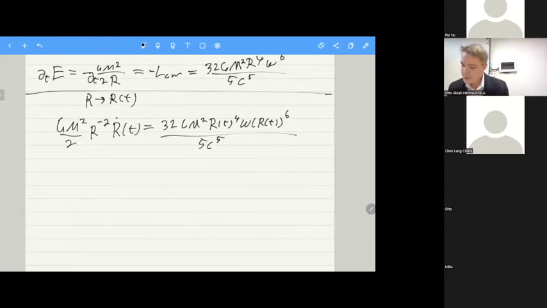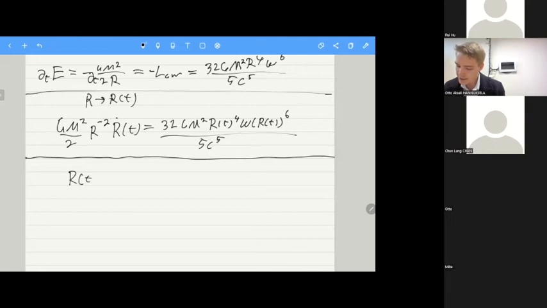Okay, so this is the equation that we get, and it turns out that you can solve it: r of t, the orbit, evolves as (2 over 16 by 5 times 2 t squared m to the power of 3) to the power of 1 over 5.